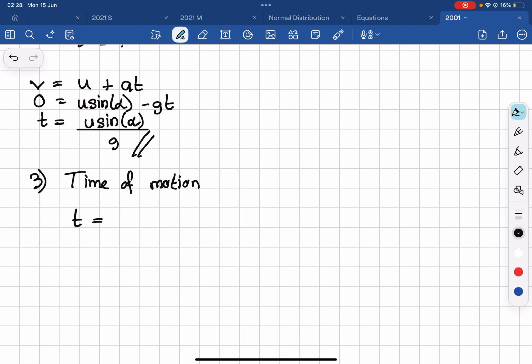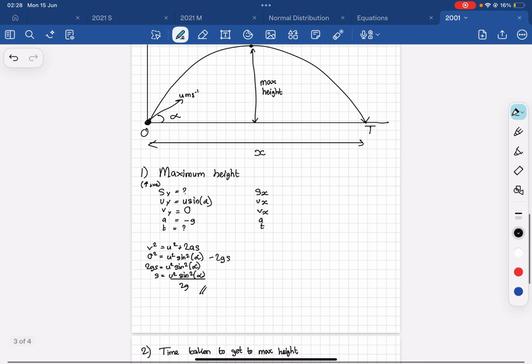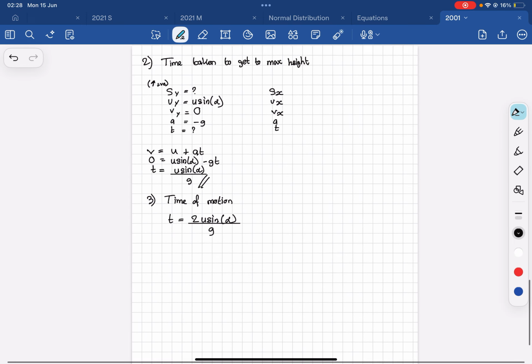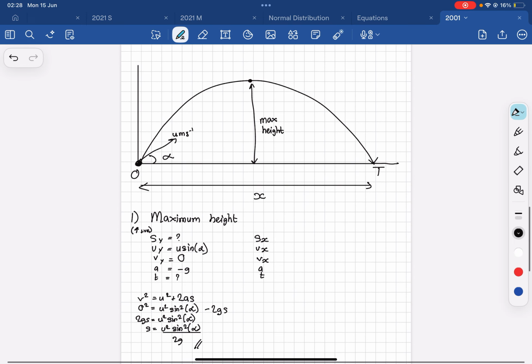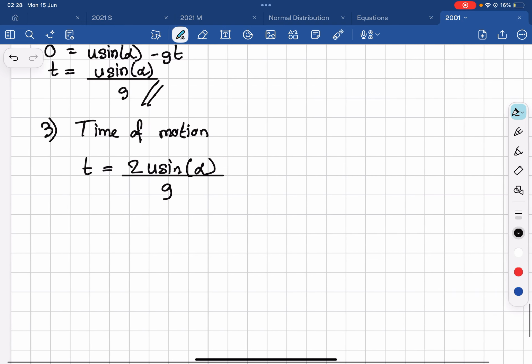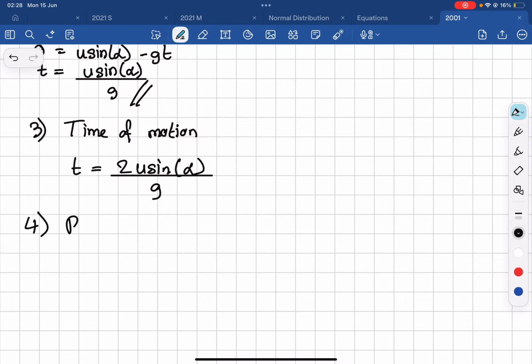So t equals 2u sine alpha over g. Nice. Now we are trying to find another formula, the range of motion.